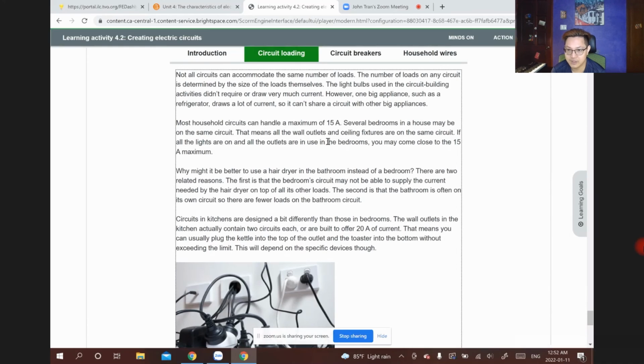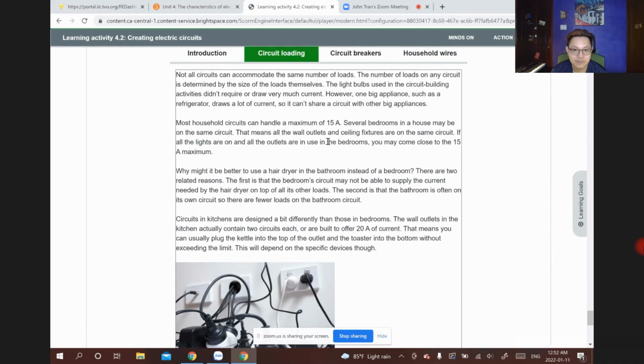It might not be so good for them, because you're eating up a lot of electricity by using a hairdryer. So other devices in other bedrooms may turn off because they're using the same circuit as you. Yeah. But when you use the bathroom, it's not on the same circuit, so it doesn't affect the other people.